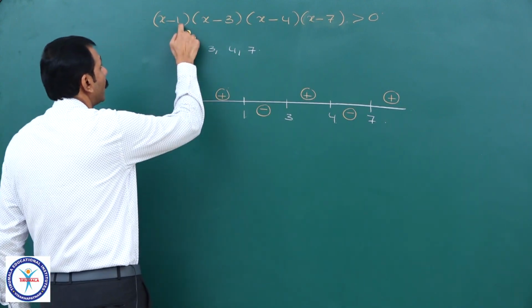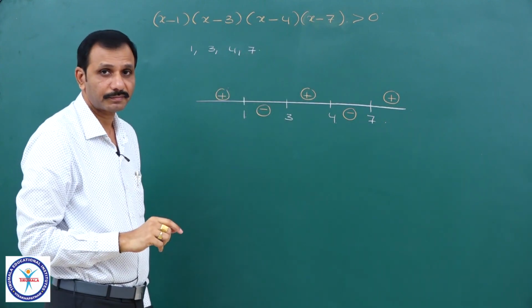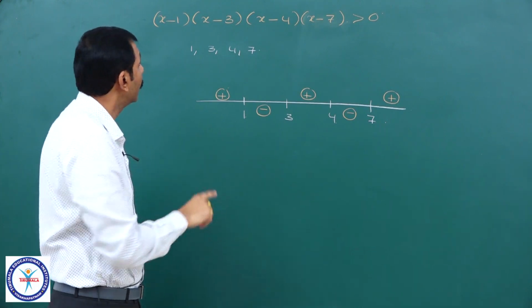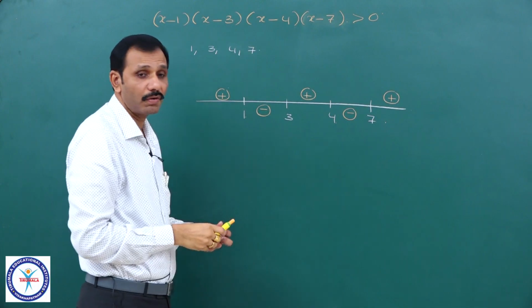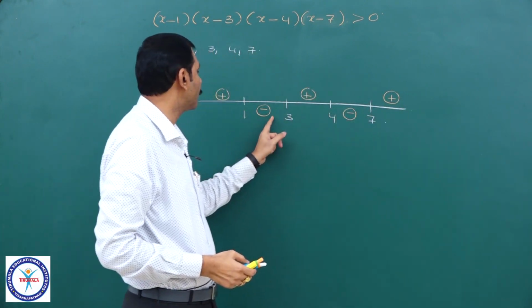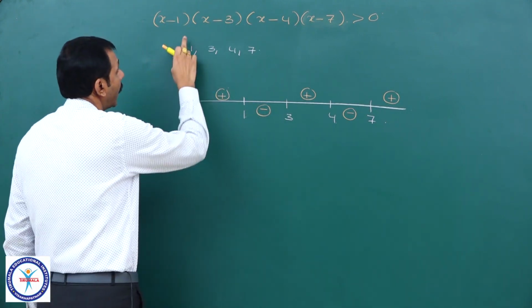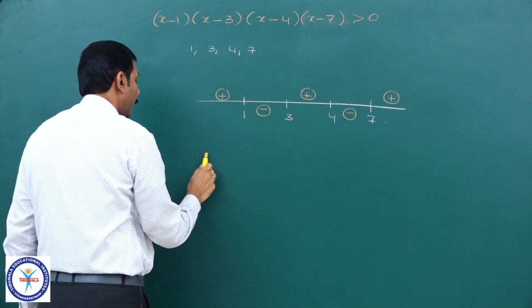Therefore, if you observe, the powers of all these are 1. Higher powers we will discuss in the next case. Right now I am discussing only when the power is equal to 1. Extreme right is always positive, followed by negative, positive, negative, positive, and so on. Now, I want the values of x where it is greater than 0.